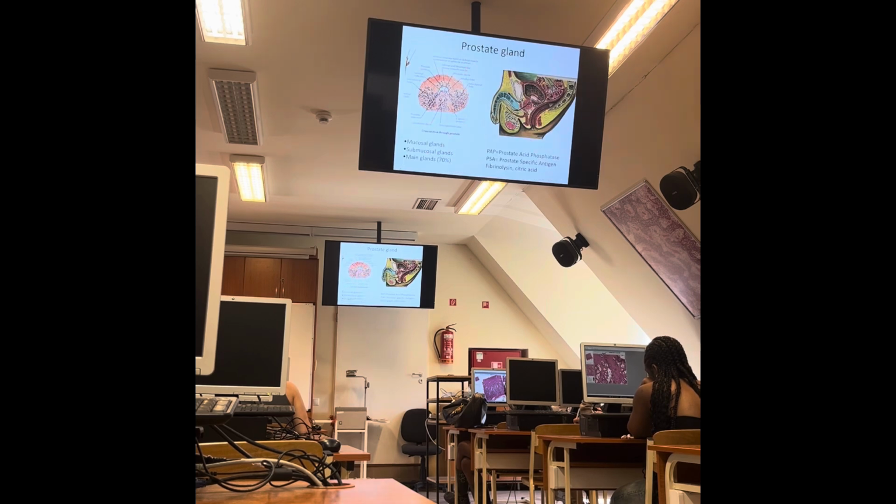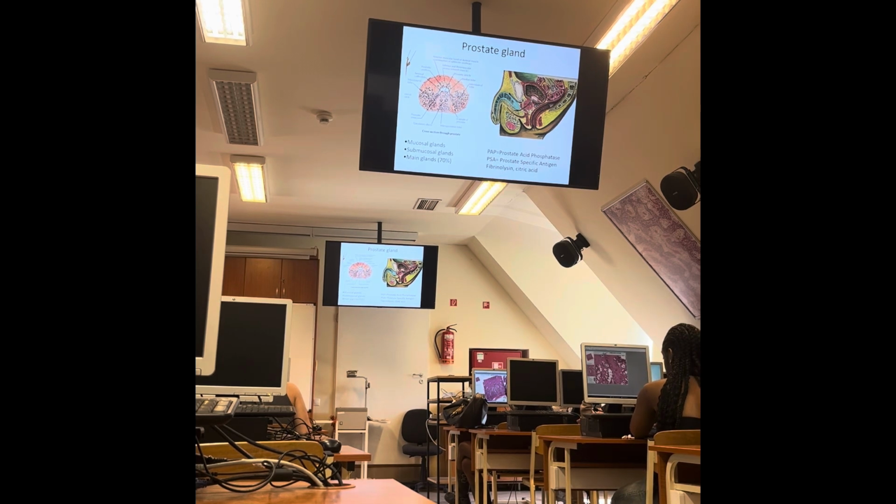Beyond the prostate-specific antigen, it also produces prostate acid phosphatase, an enzyme that can liquefy the semen by its enzymatic activity. Also fibrinolysin and citric acid are components of the products.